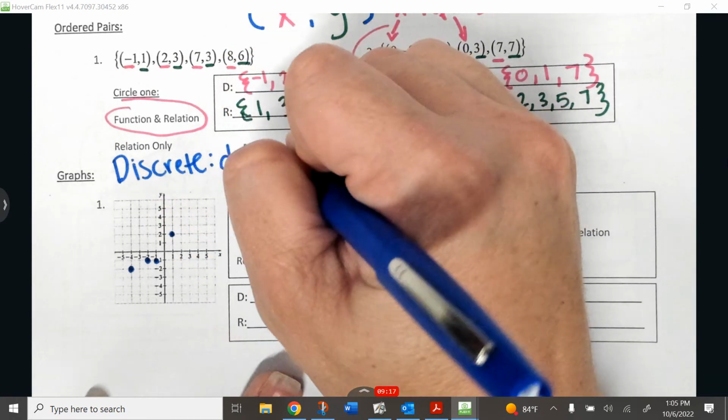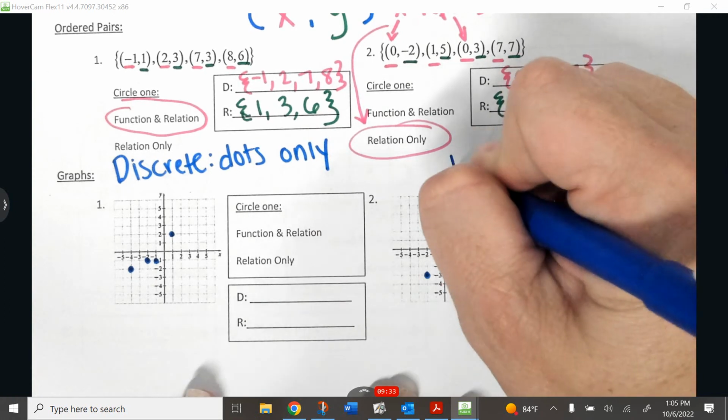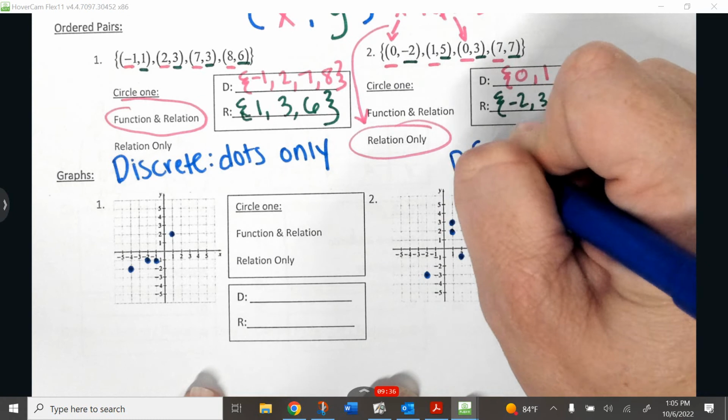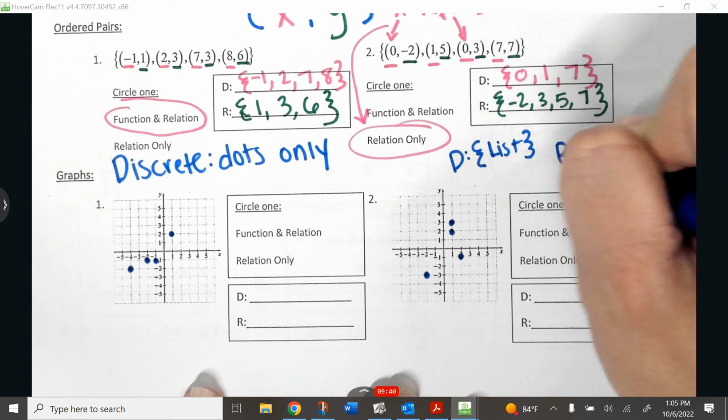It's only plotted with points. I say dots because discrete dots makes it easier to remember. Okay? It's dots only. You'll never have lines. If there's a line, it's not discrete. It's continuous. Okay? So knowing that, your domain and your range is going to be listed inside fancy brackets, just like what we've been doing.